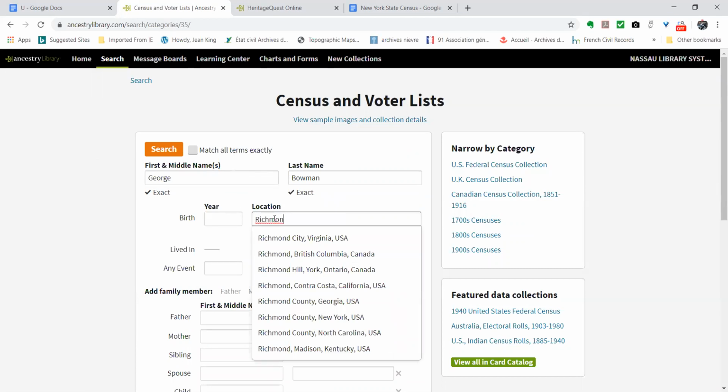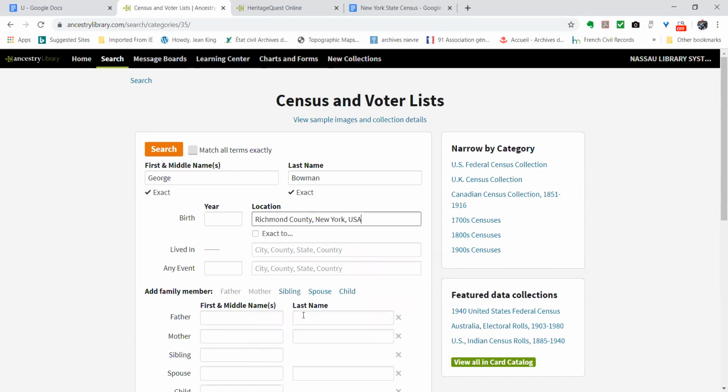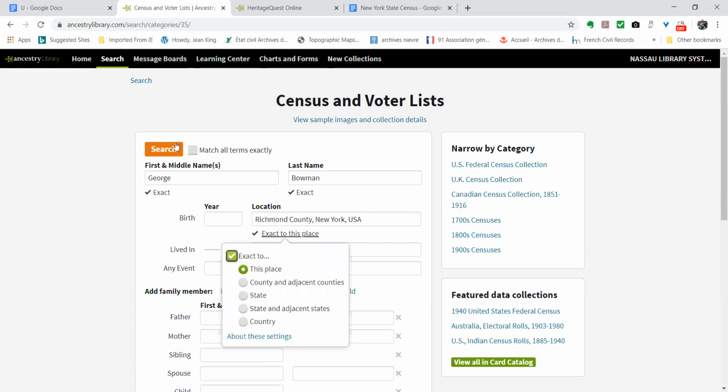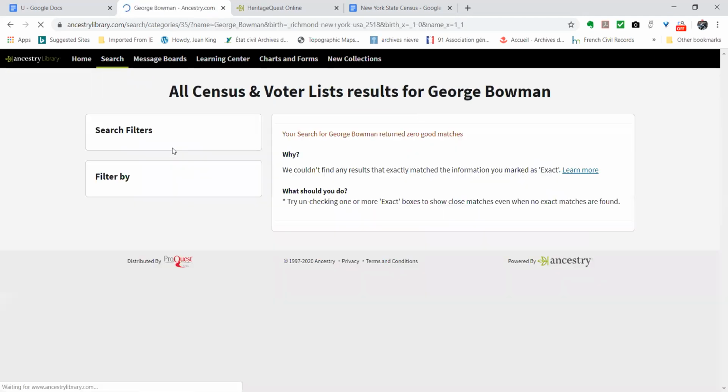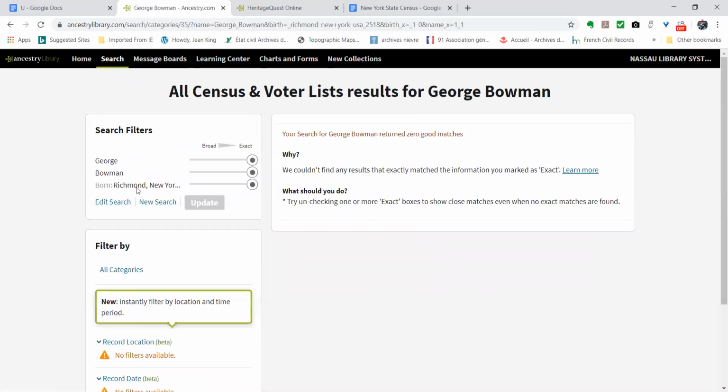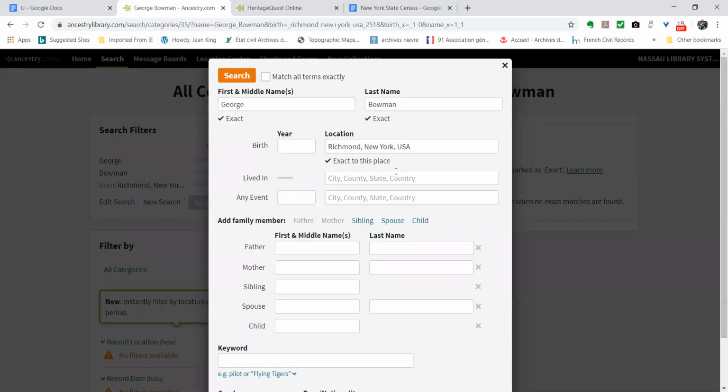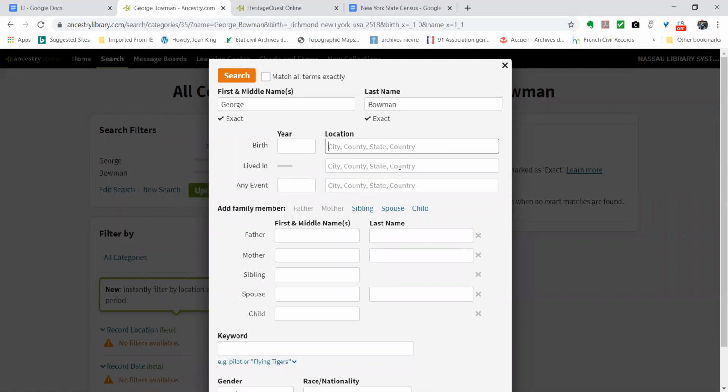And then of course, Nassau County was part of Queens until 1898. So if you were looking for someone who lived in what's now Nassau County, if the Queens records are available for that year, you could find them in that. Let me see if this will. No, that was not good. That should have worked. Oh, sorry. I put it in the wrong box.